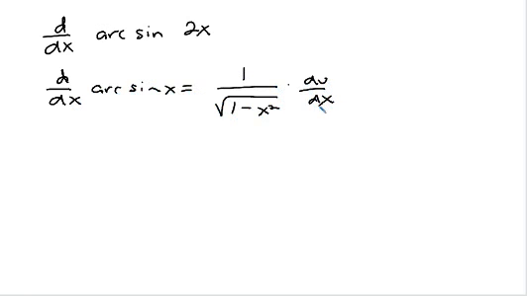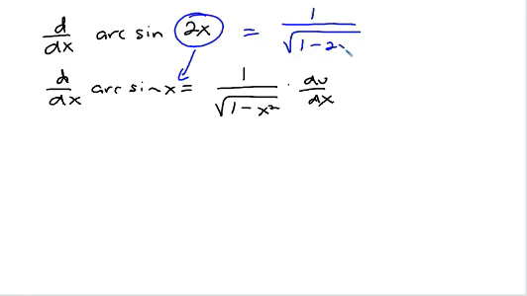So all I have to do on this problem is put this 2x where this u is. So it's going to be 1 over the square root of 1 minus 2x squared.